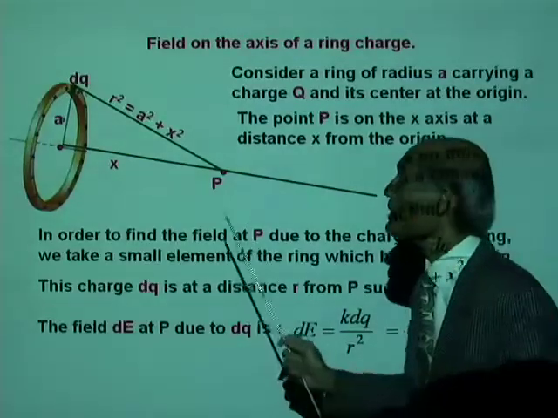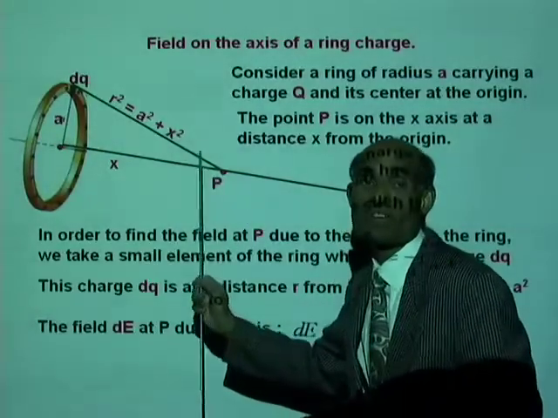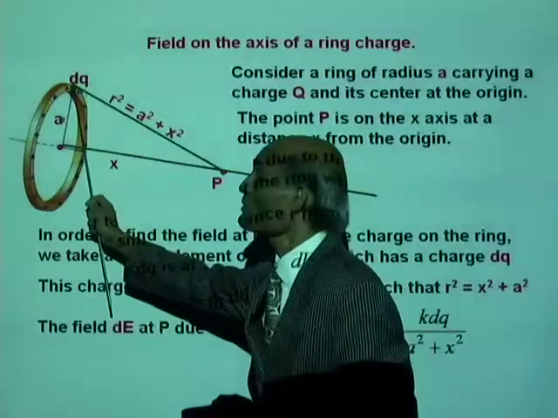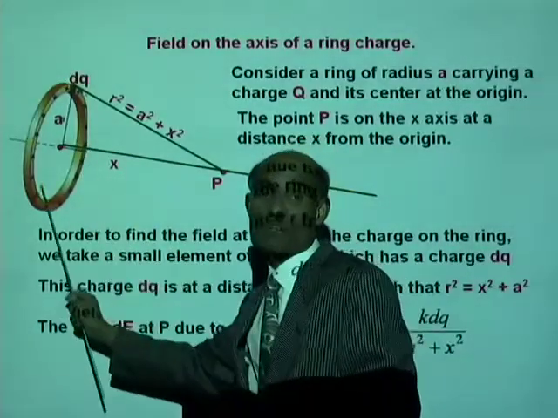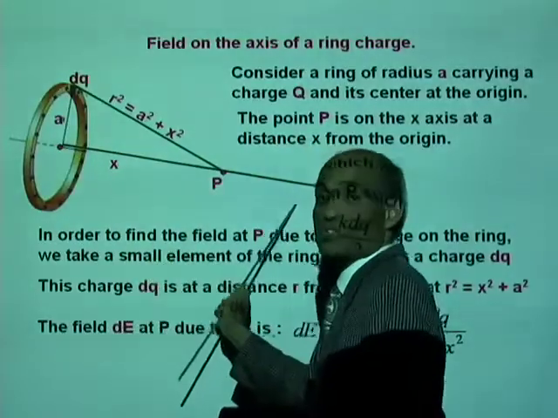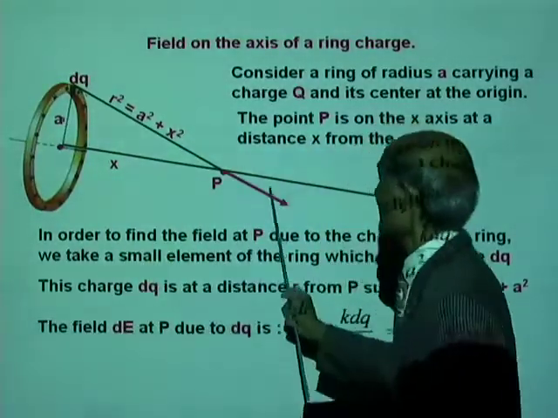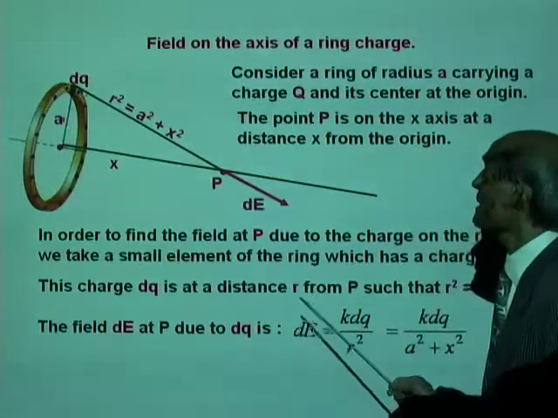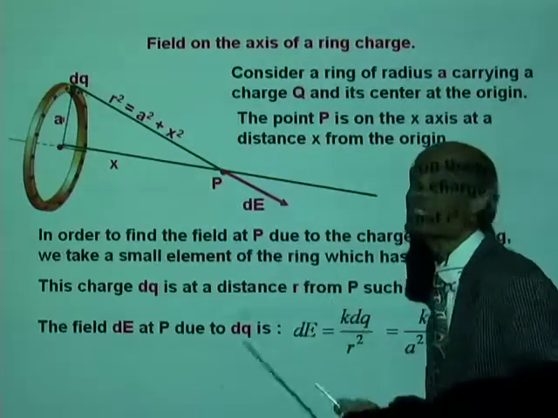Now tell me, what is the direction of this electric field? The ring carries a positive charge, so the electric field will be directed away from it. That is the direction of dE.